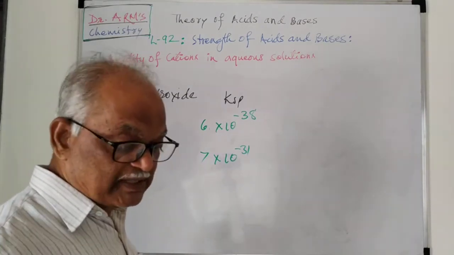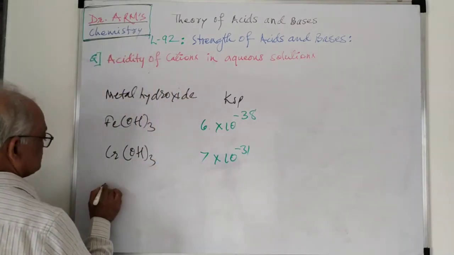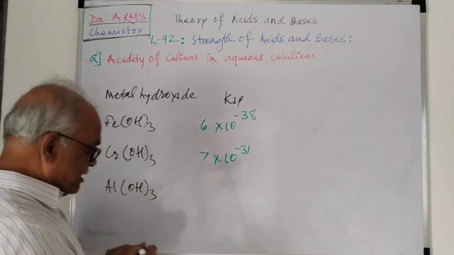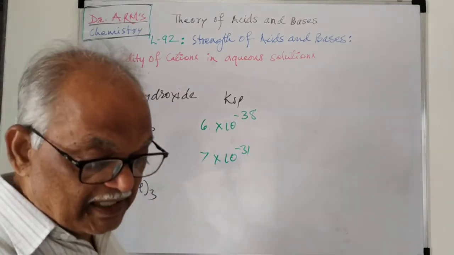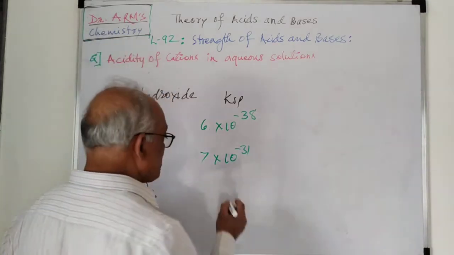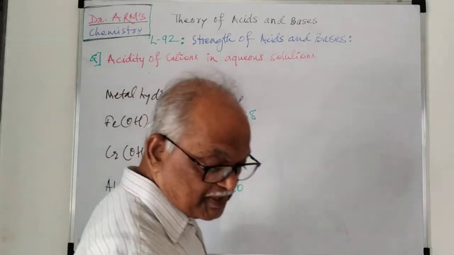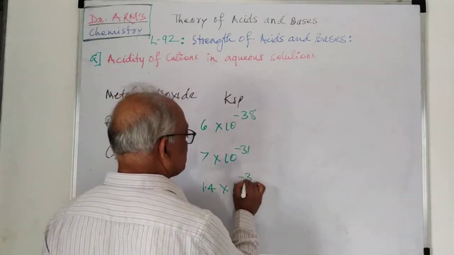Then the third hydroxide is aluminium, Al(OH)3. This is also nearly equal, 1.4 into 10 raised to minus 34.